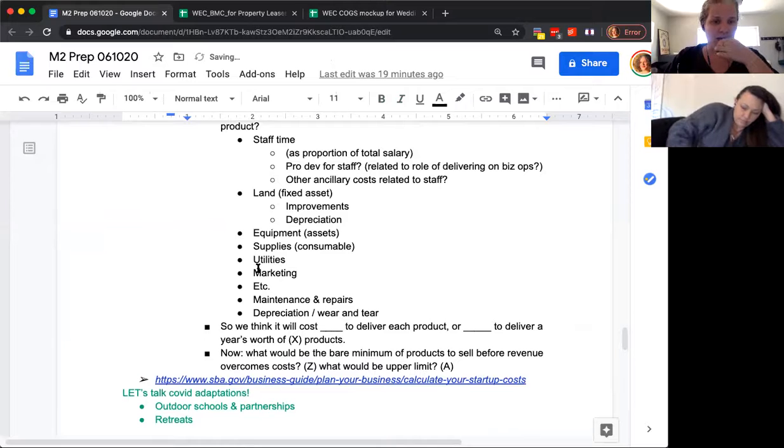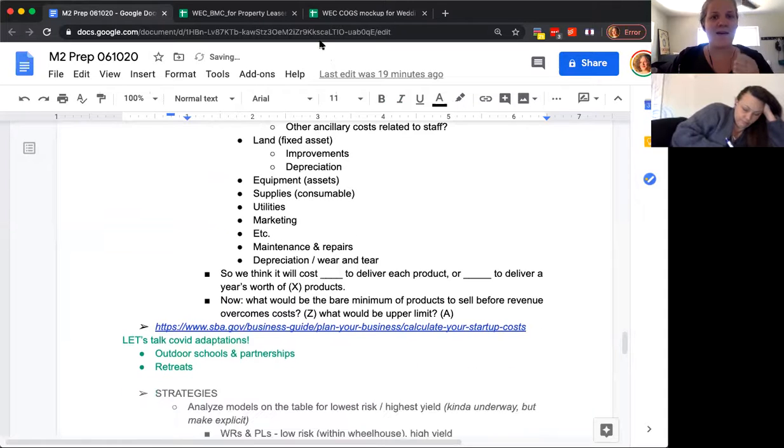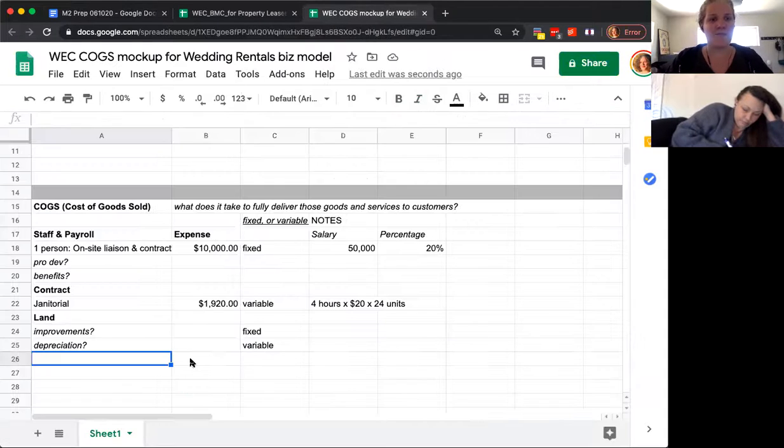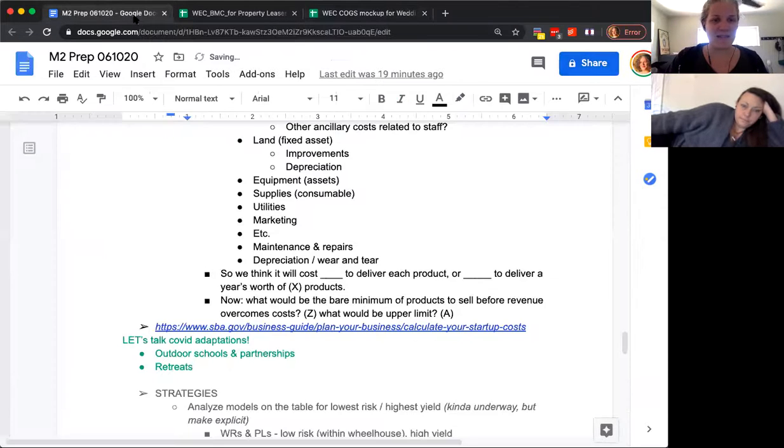Let's see, I have improvements, depreciation. I have equipment that's like fixed costs in terms of assets. So if you need to buy tables and chairs, those are fixed costs. Doesn't matter how many weddings you use them for, they're just the same price.